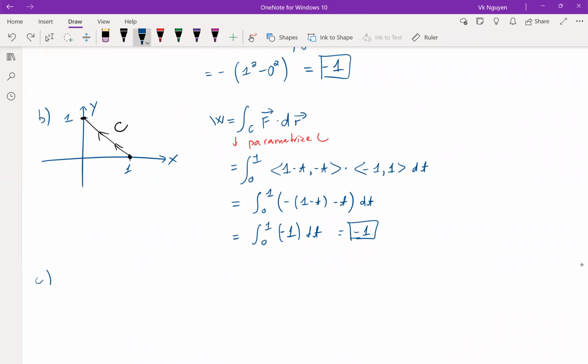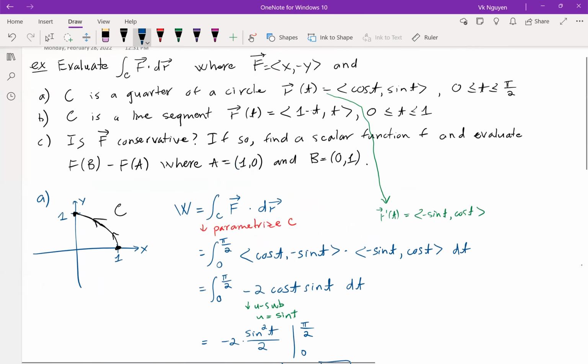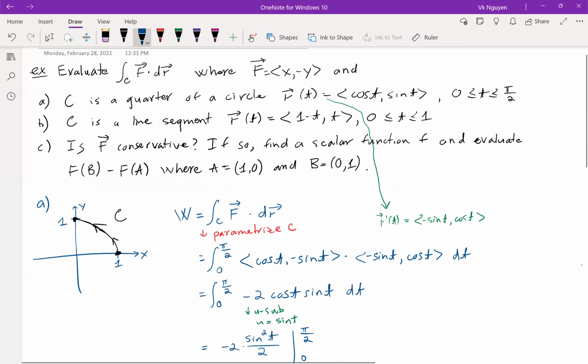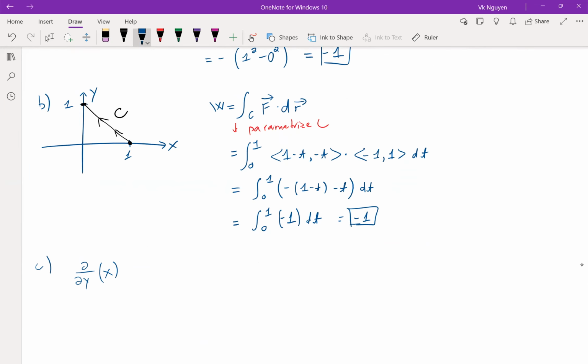All we have to do is check the partial derivative with respect to y of the first component, x. Is this equal to the partial derivative with respect to x of the second component? 0 equals 0. So yes, F is conservative.